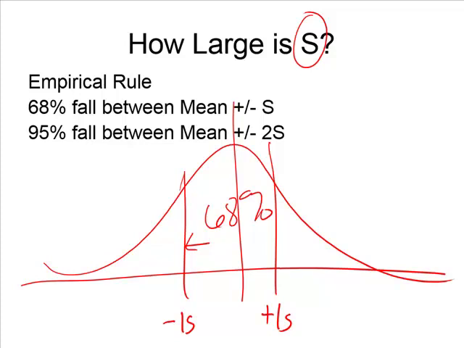Here's the really good thing, really, really cool thing for us. About 95% of our data is going to fall between positive and negative 2 standard deviations.